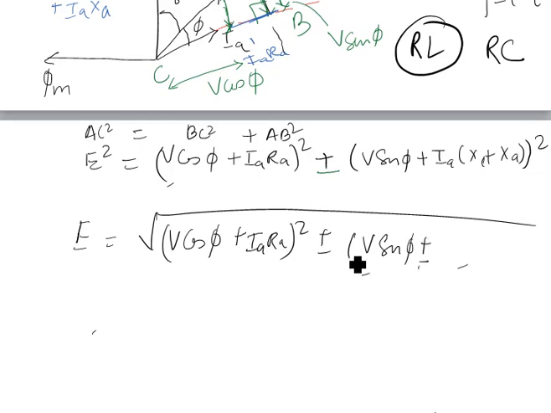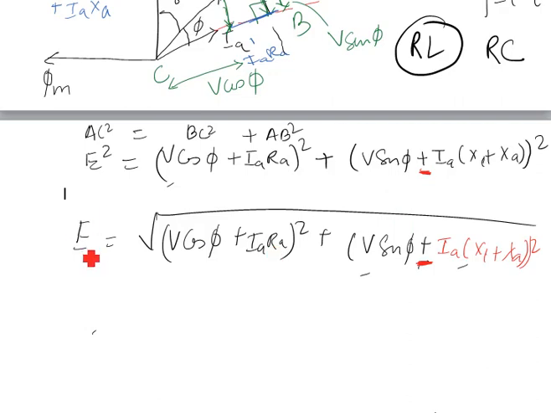Oh sorry, one problem is there: for inductive load it is plus, and for capacitive load here should be the minus. So this is the whole E, the EMF induced.